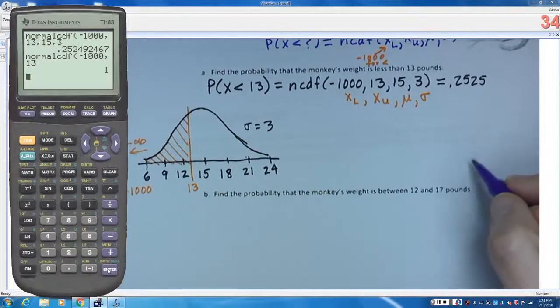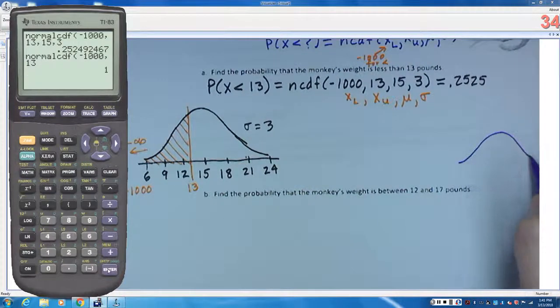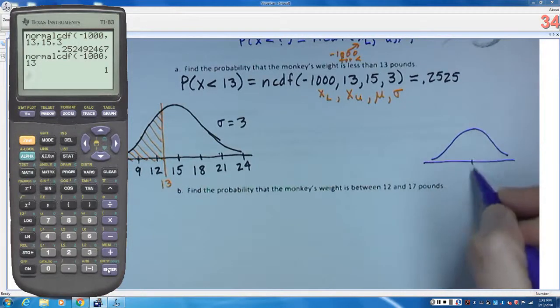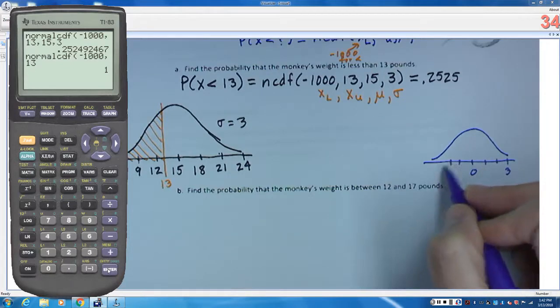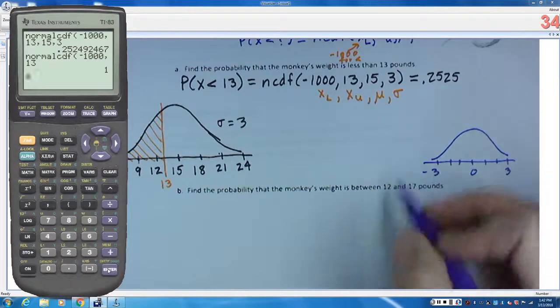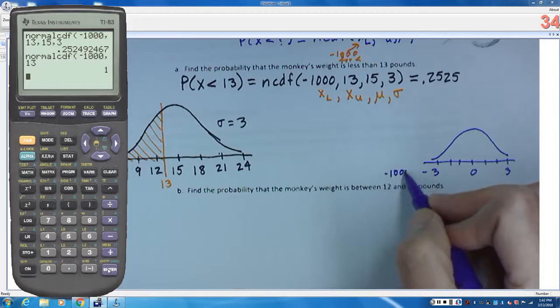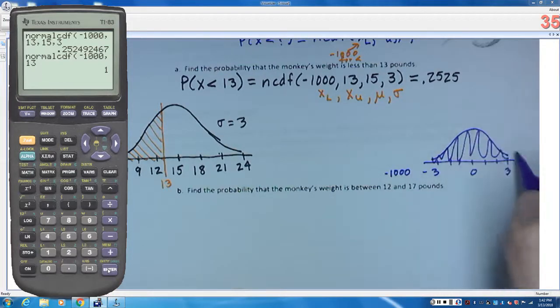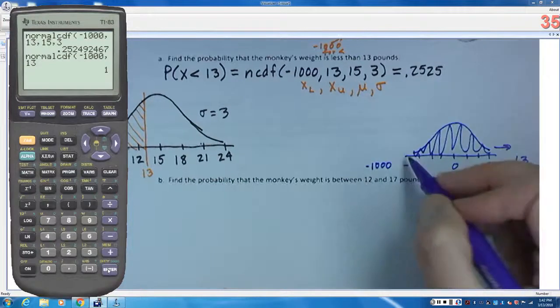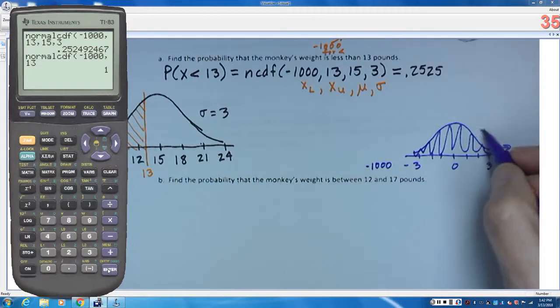Because here's our standard normal curve. There's 3. So if we're going from negative 1,000 to 13, that's virtually the whole curve.